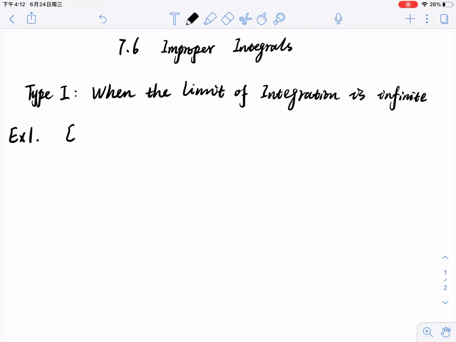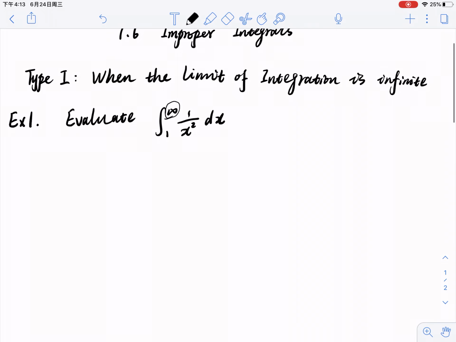Example 1, evaluate the integral from 1 to infinity of 1 over x squared dx. You see this, the upper limit is infinity. We don't know how to handle this yet, but we can do this one.